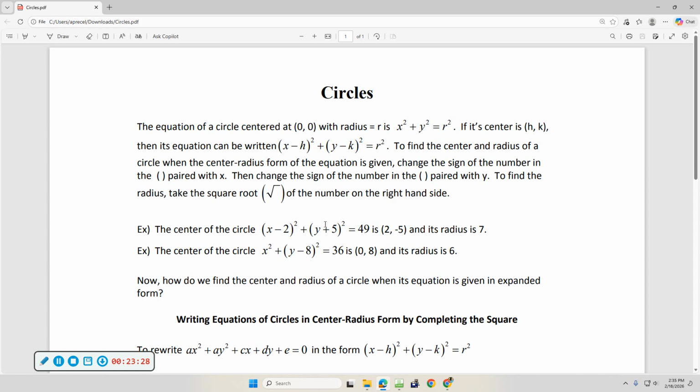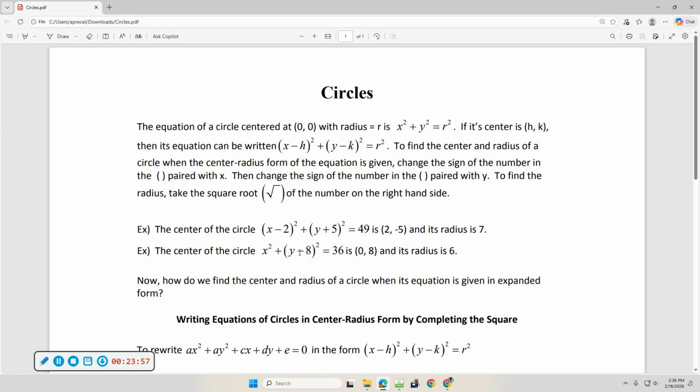Okay, so we want to know the center. Well, you've got to change the sign. You see a -2, the x-coordinate of the center is a +2. A +5 with y, that means the y-coordinate is a -5. And what do we do to 49 to go back to the radius? Take the square root. In the second example, there's nothing being added or subtracted from x, so what do we assume the x-coordinate of the center is? 0.